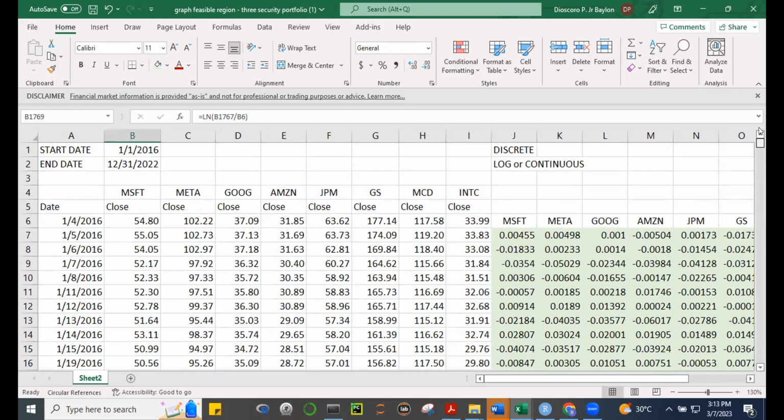Now, what happens, class, if you take a look at discrete returns of Microsoft? Okay, let's try to see what's the cumulative returns for Microsoft, class, from the beginning up to the end. What is the cumulative returns?